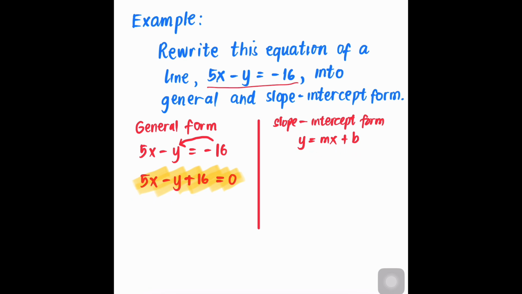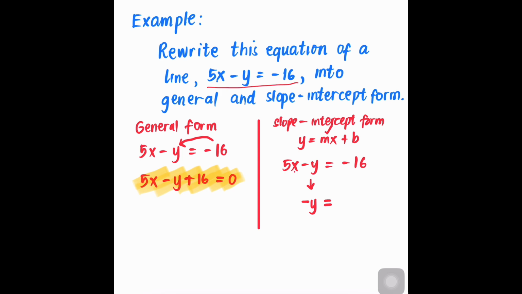So we were given originally 5x minus y equals negative 16. So we simply copy negative y. It's going to be retained on the left-hand side. So negative y equals the next term, the x term, mx.